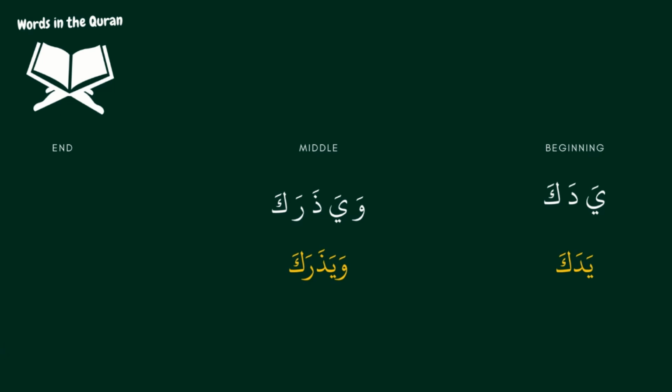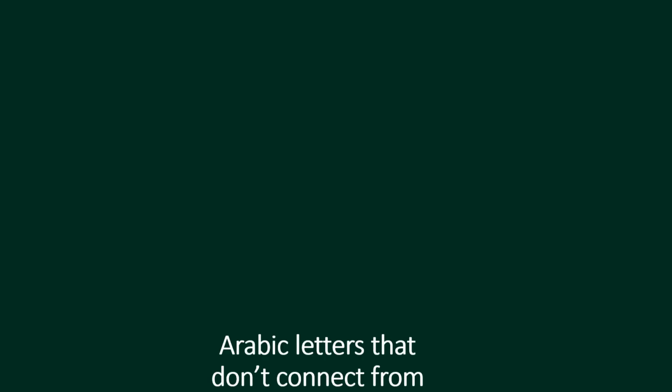And again, if you know anything, just leave a comment on it. So that's about all for the letter ya. As you can notice, the letter ba has one dot below, and ya has two dots below.